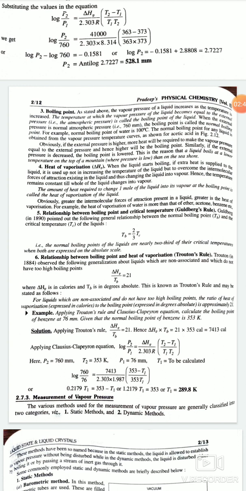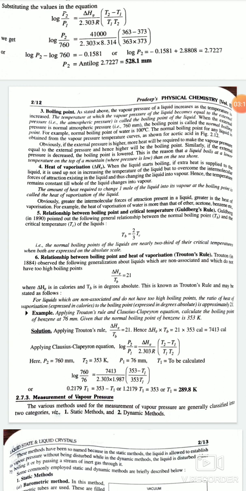Sixth is the relationship between boiling point and heat of vaporization, that is Trouton's rule. Trouton, in 1884, observed the following generalization about liquids which are non-associated and which do not have too high boiling points, where delta HV divided by TB equals 21, where delta HV is in calories and TB is in degrees absolute.